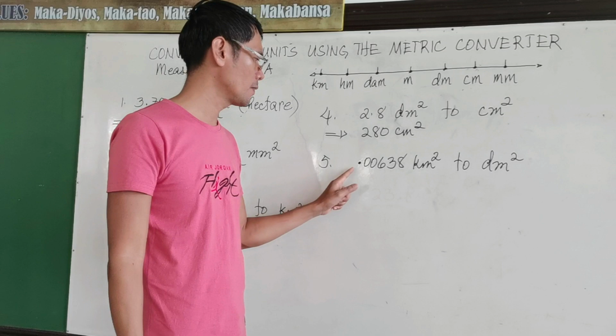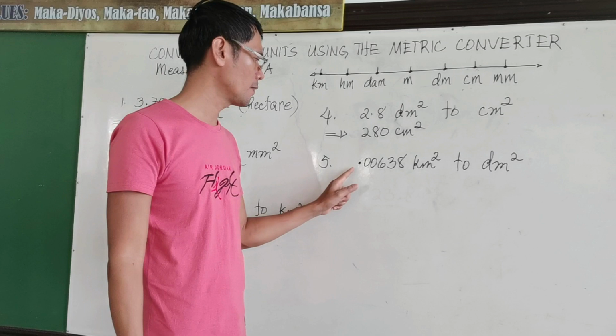Okay. For the last, number 5. We are given 0.00638 square kilometers to square decimeter. Okay, kilometer to decimeter. 1, 2, 3, 4. So there are 4 spaces. Multiply it by 2, we will be getting 8. So 8 going to right. So we have 1, 2, 3, 4, 5.